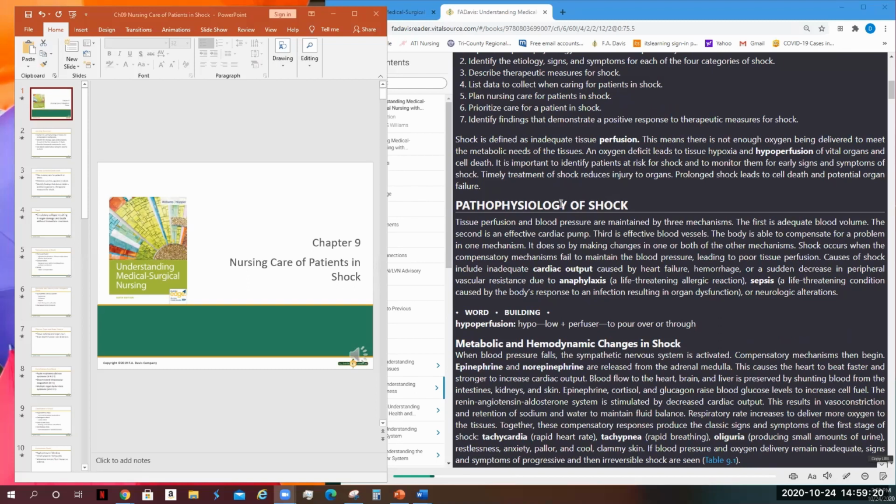It is important to identify patients at risk for shock and to monitor them for early signs and symptoms of shock. Timely treatment of shock reduces injury to organs. Prolonged shock leads to cell death and potential organ failure.